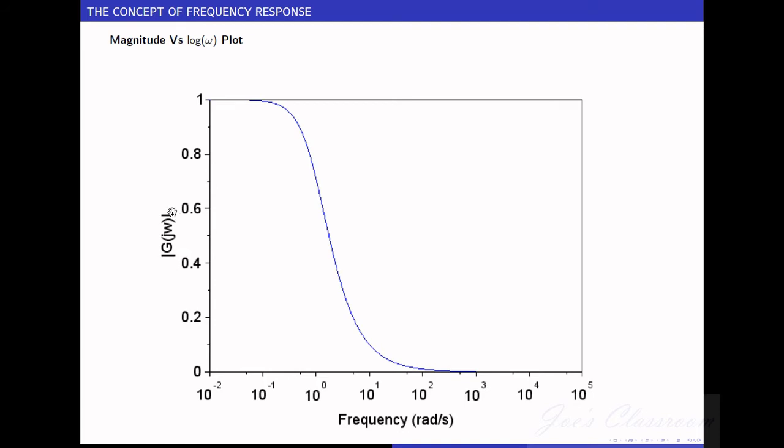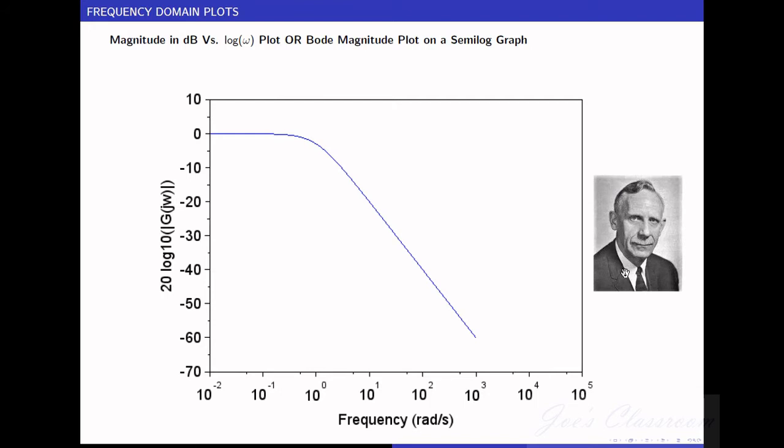Otherwise, I can convert the magnitude of g of j omega to decibels by taking 20 log of the magnitude of g of j omega. That will convert this magnitude or the gain to decibels. This is Henry Bode, and by his method, we have changed the gain axis or the vertical axis into decibels, 20 log 10 of the modulus of g of j omega.